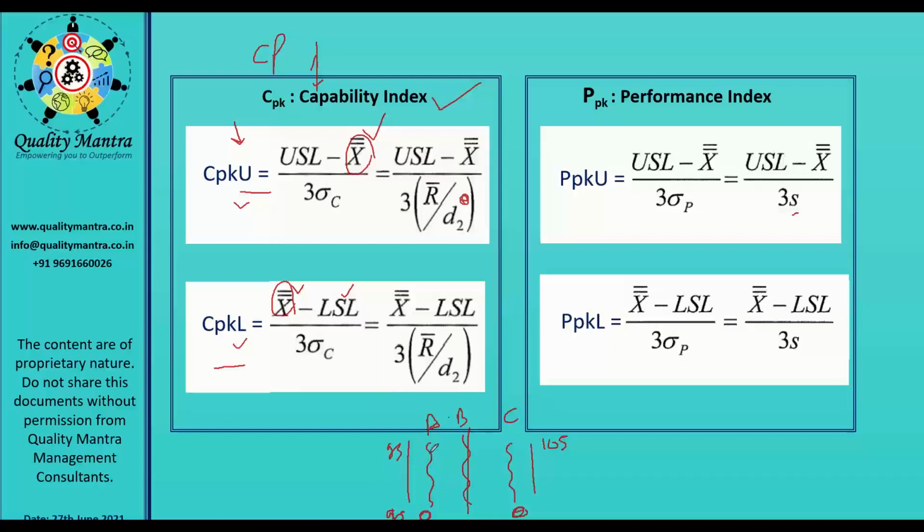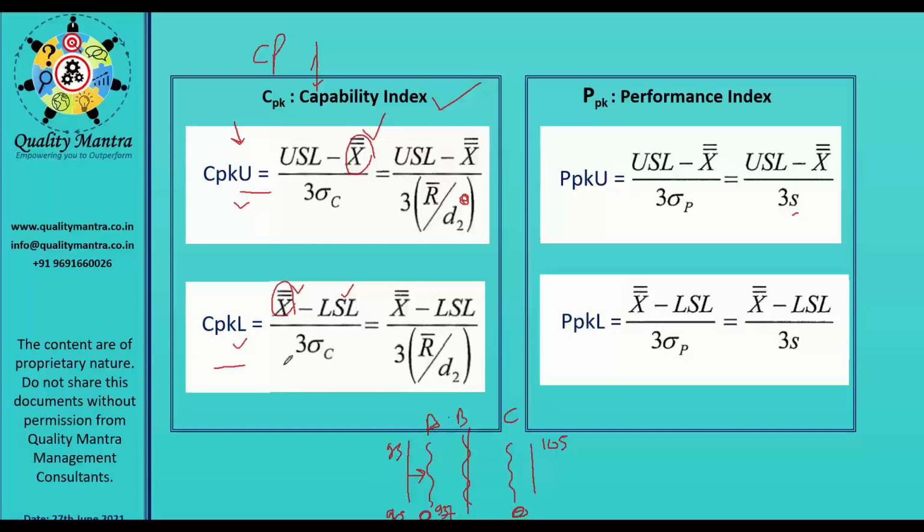You have the A process here. Here, the difference between this, the average is very low. For example, the average is 93. Now, the difference between the two, the average is 93, whereas your LSL is 95. Here it will be 97. Here the 97. So 97 minus 95, it will be 2.